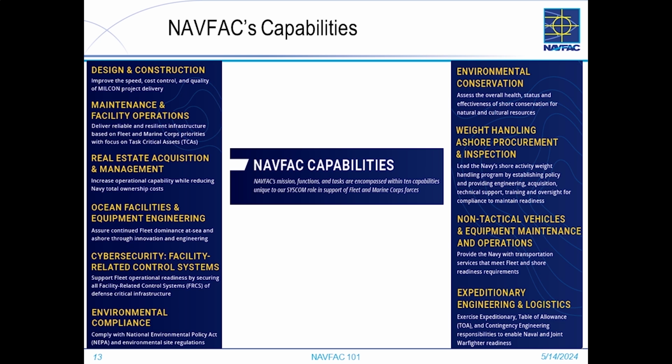We have design and construction capability, maintenance and facility operations, real estate acquisition and management, ocean facility equipment and engineering, cybersecurity, environmental compliance, as well as environmental conservation, weight handling, non-tactical vehicle and equipment maintenance and operations, and expeditionary engineering and logistics. And we will talk more about our capabilities throughout this course.